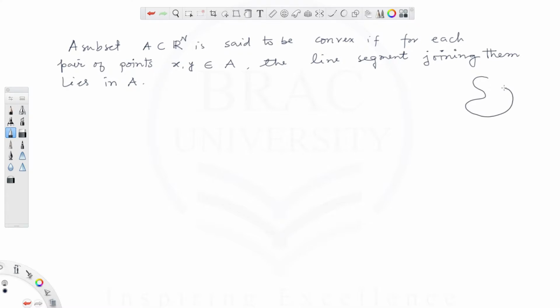Intuitively, if we have a set which looks like this, it is not a convex set in R2, because if we pick these two points inside this region, then the line joining these two points does not entirely belong to this region. Therefore, it's not a convex set.